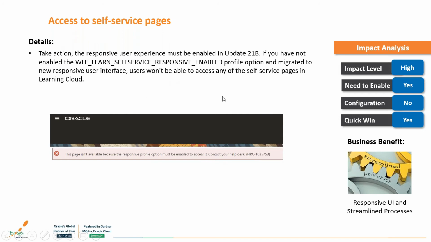So it is mandatory that after the 21B update, this profile option should be enabled. Maybe you can check with your implementation or support team whether this has been enabled or not. The benefit is to enable the responsive UI and streamline the processes.